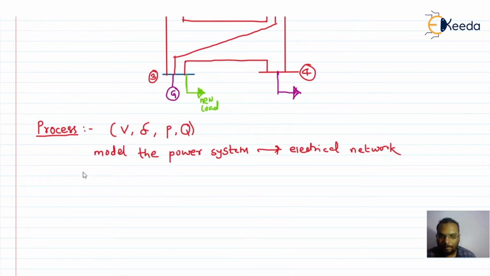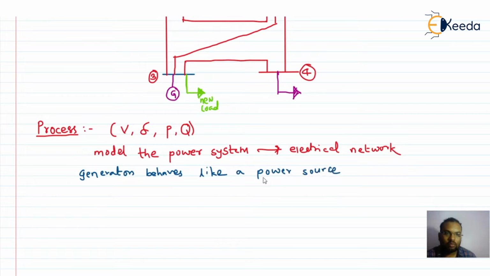While modeling, generators behave like a complex power source, I must write here, complex power source, instead of voltage source.